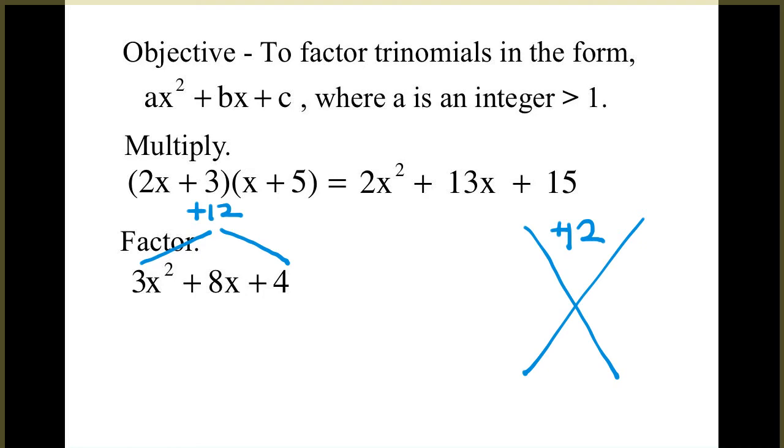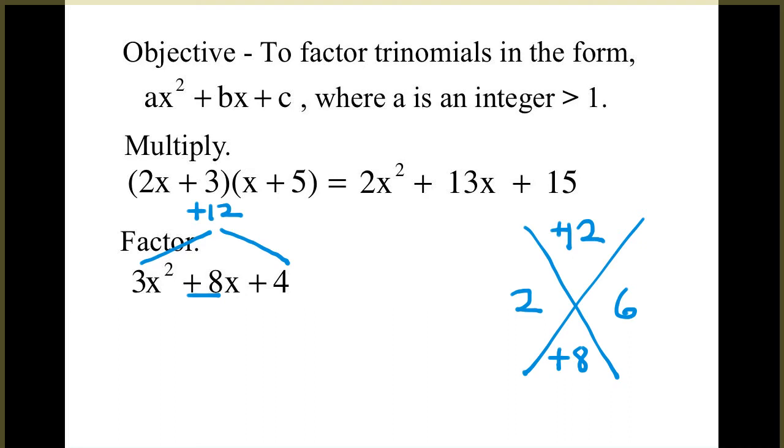And then I'm going to take my middle term, the coefficient, positive 8, and basically break that 8x term apart into two terms. So what multiplies to positive 12 and is a sum or difference to 8? The numbers would be a 6 and a 2.